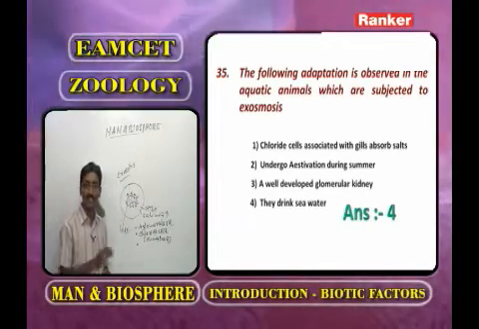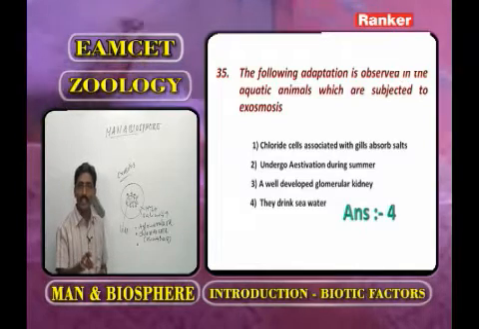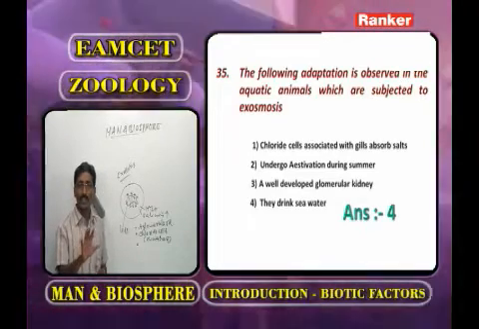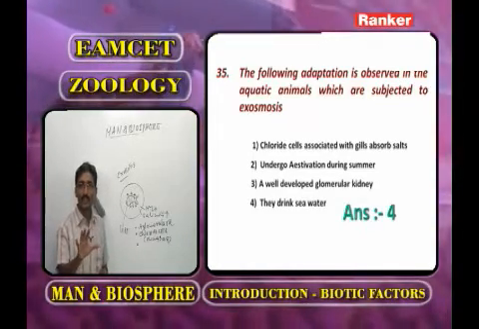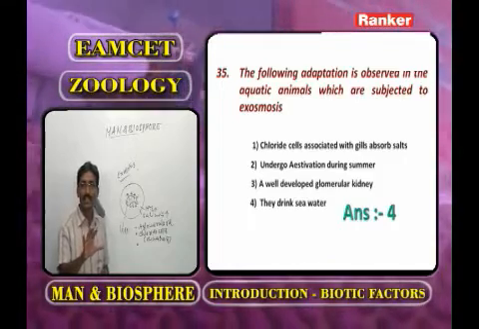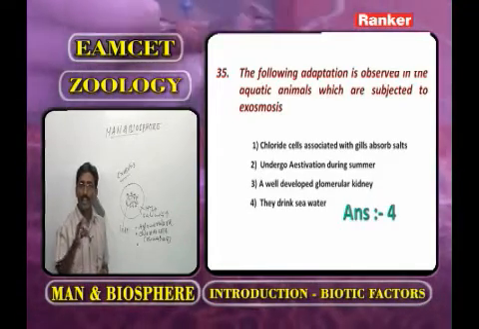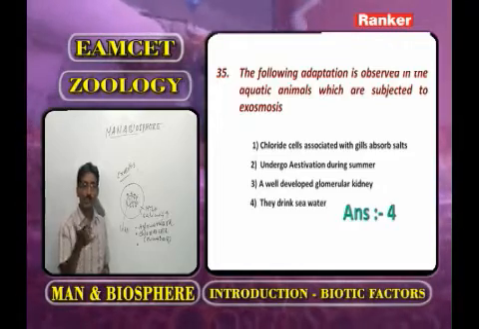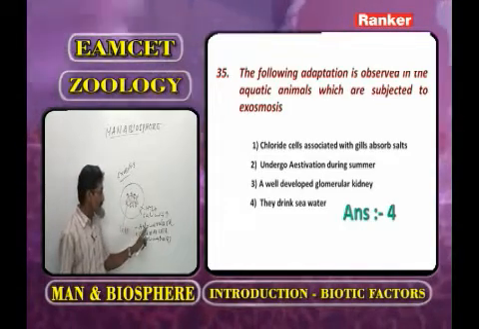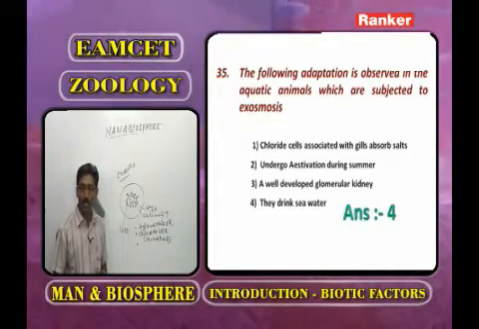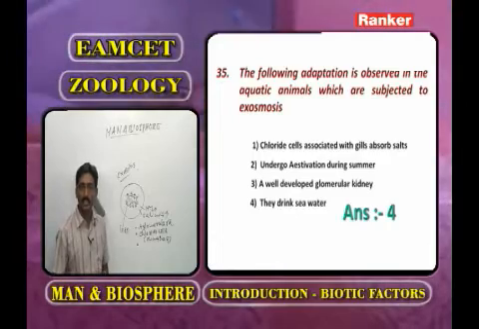So the first option is not an adaptation. They undergo estivation. Marine animals do not undergo estivation because marine water does not dry up. Second is not an adaptation. Third, a well adapted glomerular kidney. But in these animals, what type of kidney? Aglomerular. So third is not the adaptation.